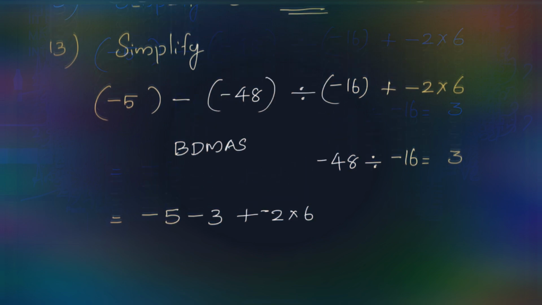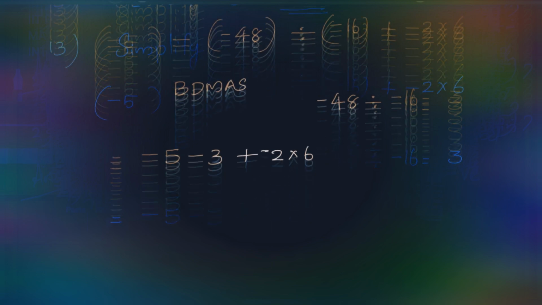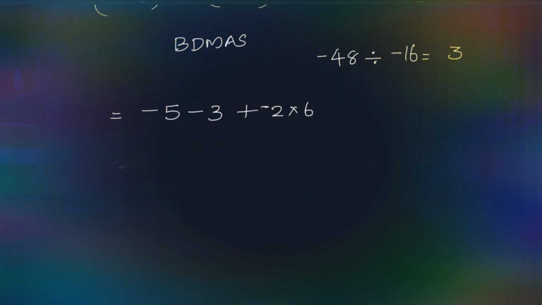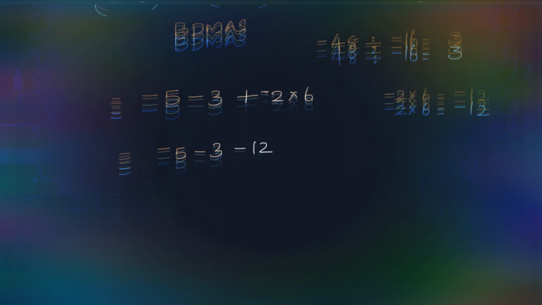Next, after division we can do the multiplication. Negative 2 into 6 is done, and it is equal to negative 12. So we can rewrite our question like this: negative 5, minus 3, then negative 12 is written here.